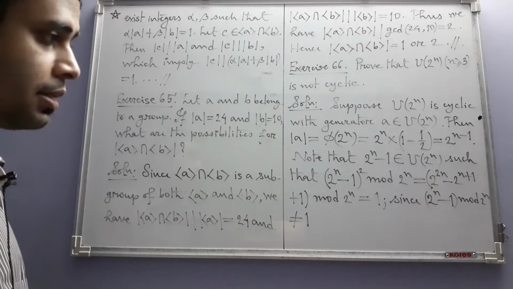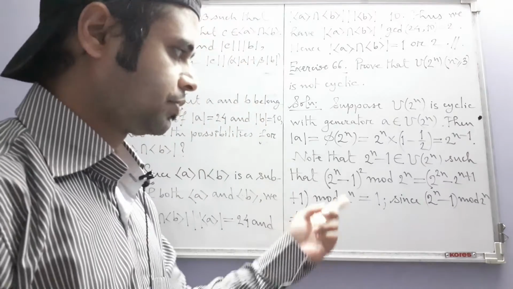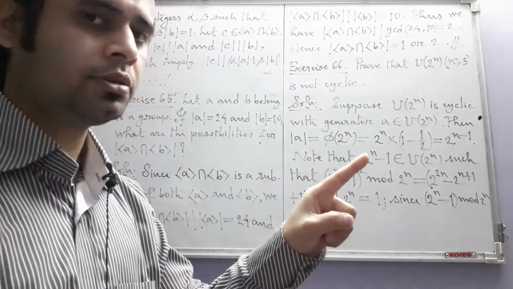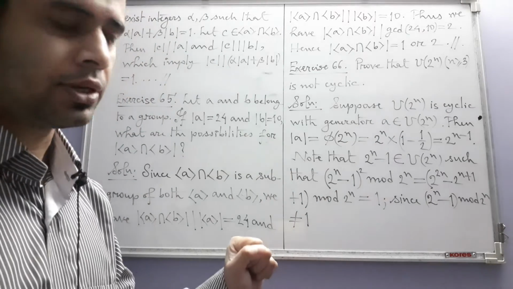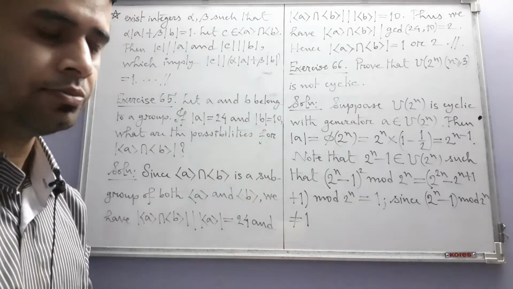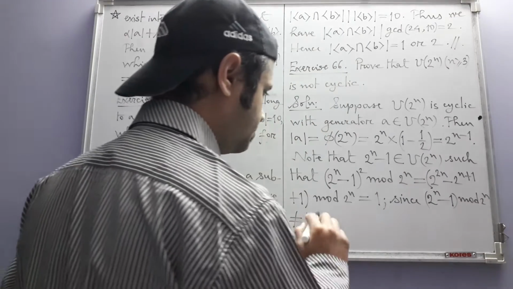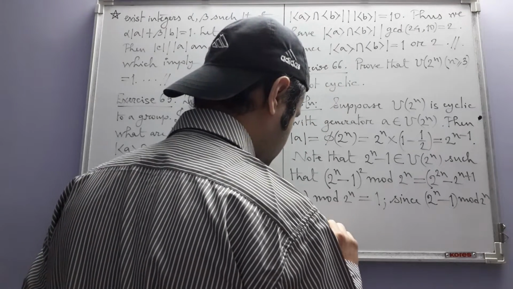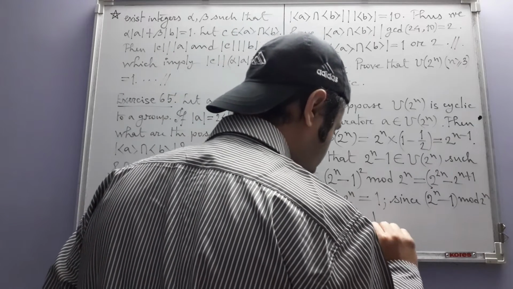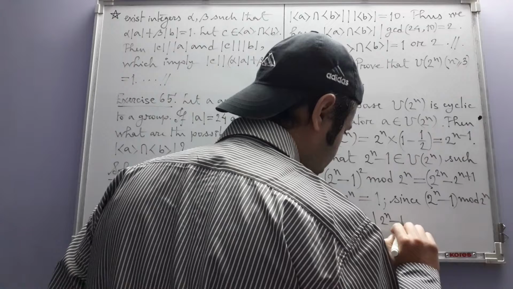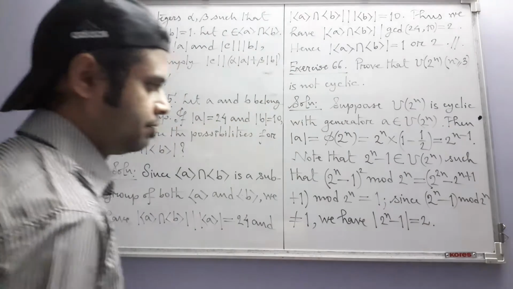Why? Because if this had to be equal to 1, 2 to the power n mod 2 to the power n had to be equal to 2, but that is 0, and 0 is not equal to 2, so that's why this is not 1. Order of 2 to the power n minus 1 is equal to 2.